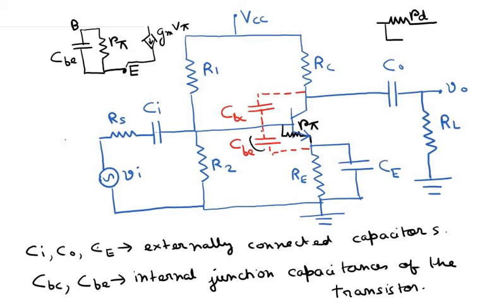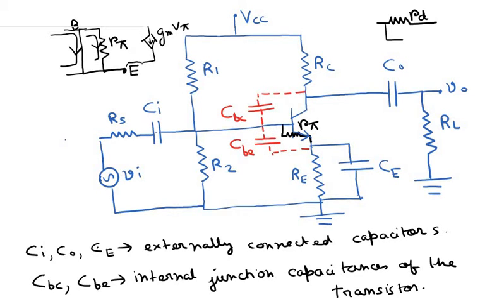And if this capacitor acted as a short circuit at the considered frequency, then we had to replace CBE with a short circuit in parallel to R pi. In that case, no current would flow through R pi, the base to emitter junction, but the AC current would flow through the short circuited path, which we do not want. So this capacitor is assumed to behave as an open circuit at our considered frequency.